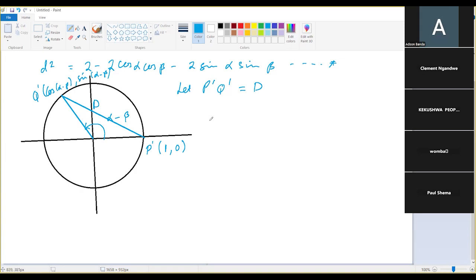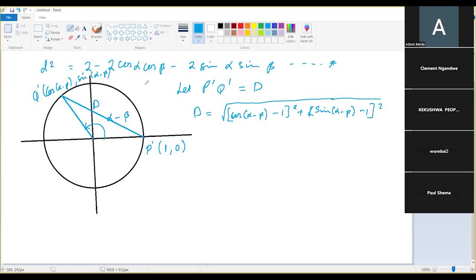Now, if we use the distance formula, D is equal to the square root of the cosine of alpha minus beta minus 1 all squared, plus sine of alpha minus beta minus 1 all squared. So that becomes your distance.